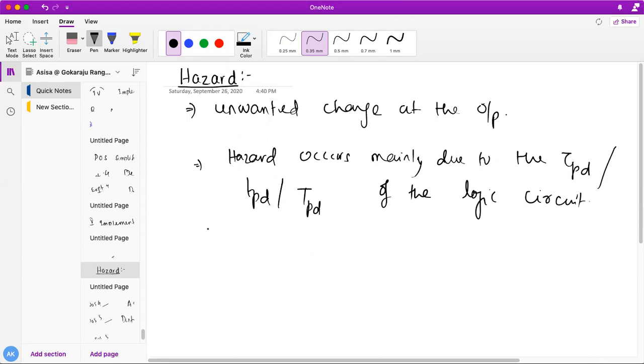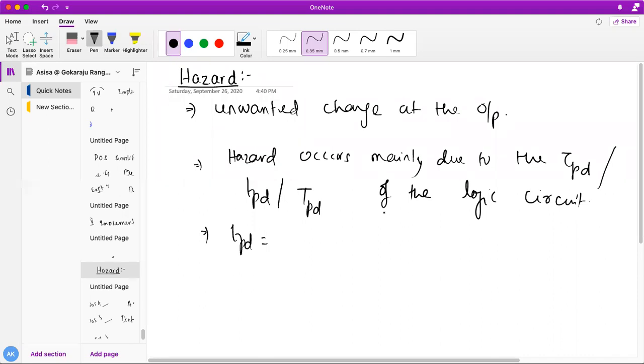I have already told you. TPD is, when you give an input now, after how much time it takes to get the output, that is the propagation delay. Propagation of that particular input by that particular logic circuit is called propagation delay. How much time it takes to propagate that input to the output. So do you all understand now what is TPD?